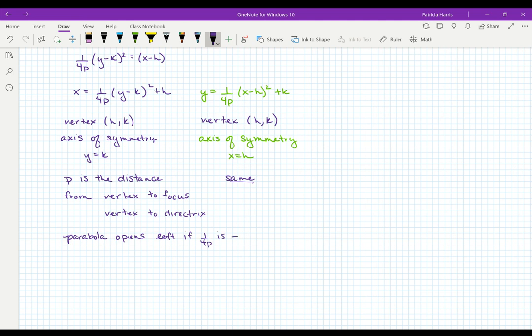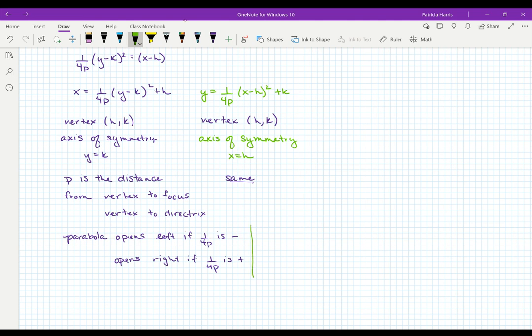It opens left if 1 over 4p is negative. Remember, it's still kind of an A. And it opens right if 1 over 4p is positive. That is obviously a little bit different.